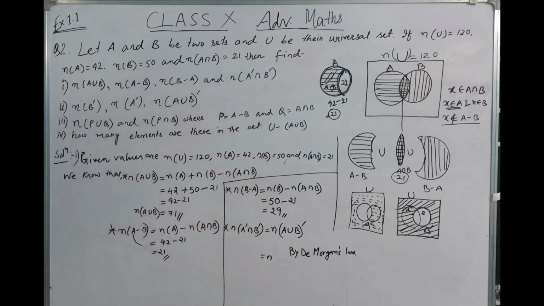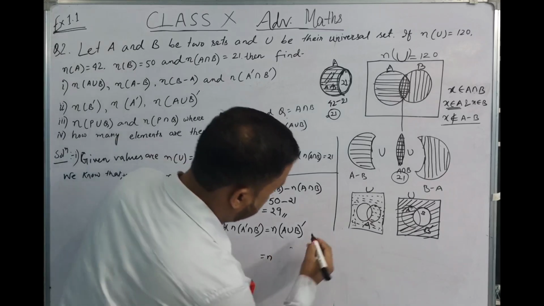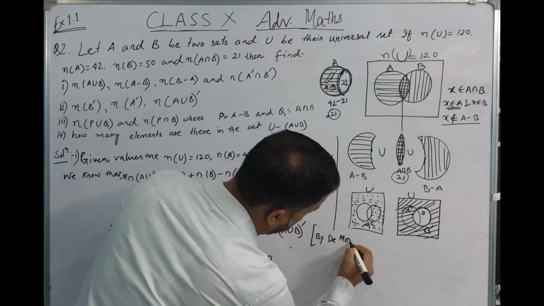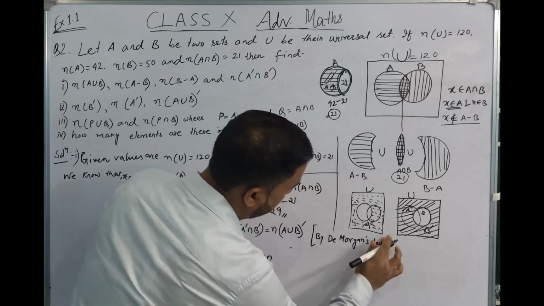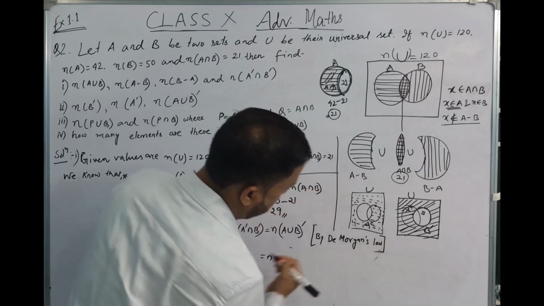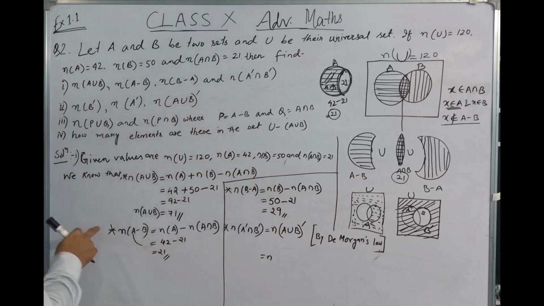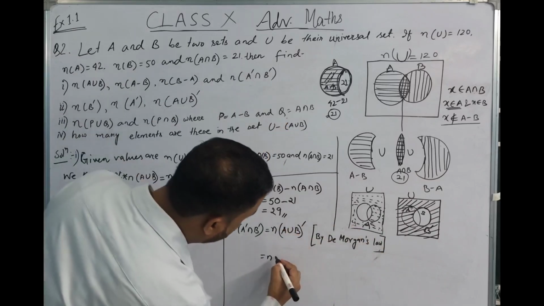Can you see this thing? Yes. By De Morgan's law. Okay. Now A union B complement. You see, A union B complement. What will be A union B complement?